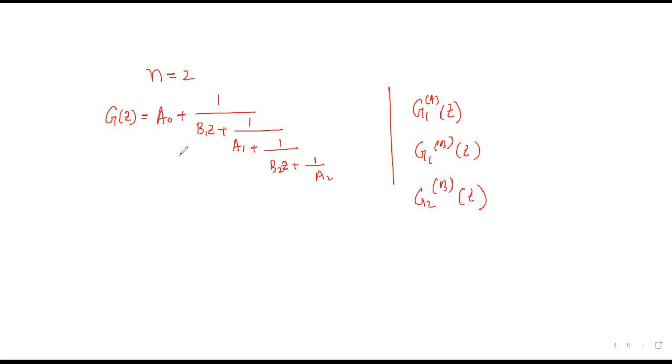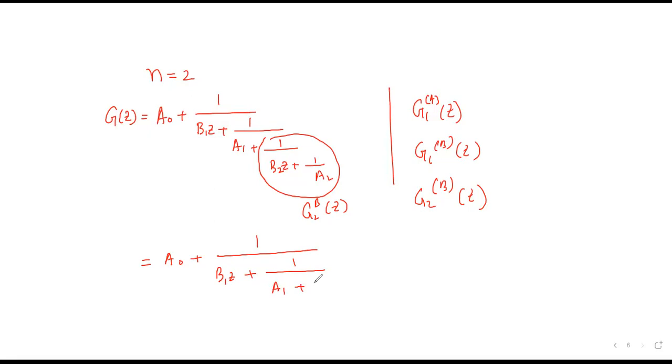So what I can do here is, say here, the whole thing can be written as G2 B Z. So what you can write here is A0 plus 1 by B1 Z plus 1 by A1 plus G2 B Z. Okay, so next, this thing is basically nothing but your G1 A function.